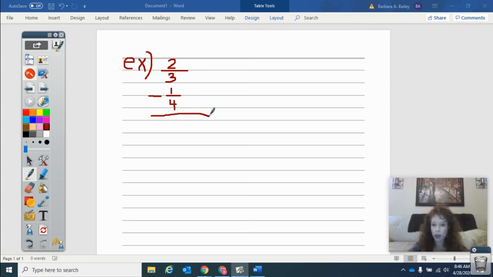A lot of times when you're doing a practical problem, meaning a word problem, the word you'll see for subtraction is the difference. So I'm going to write that up here. I'm finding the difference between 2/3 and 1/4. Difference means to do what? What operation? To subtract.